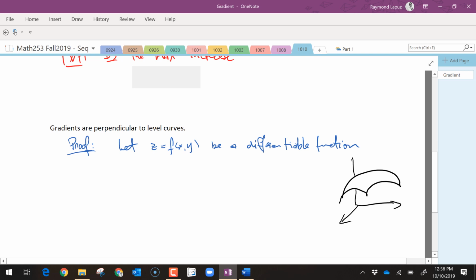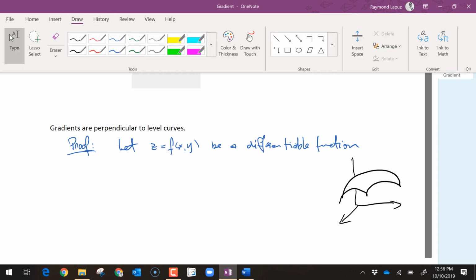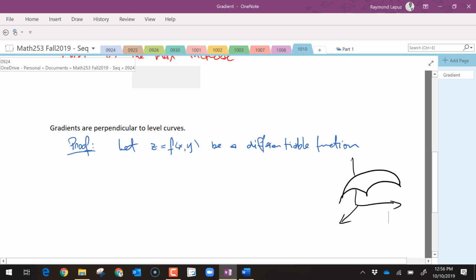So this is your surface, and then let k equal f of x, y be a level curve.